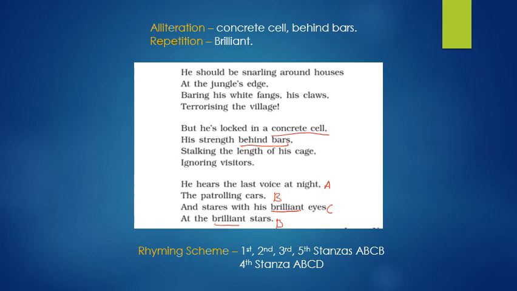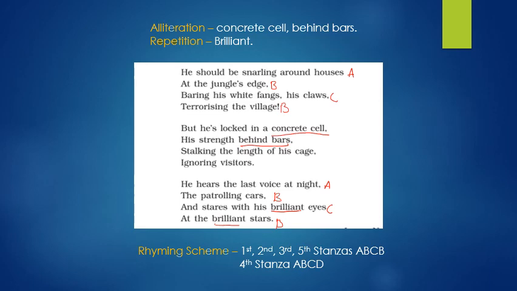And here houses is A, edge is B, class is C, and village is B. So edge and village, these words rhyme with each other.